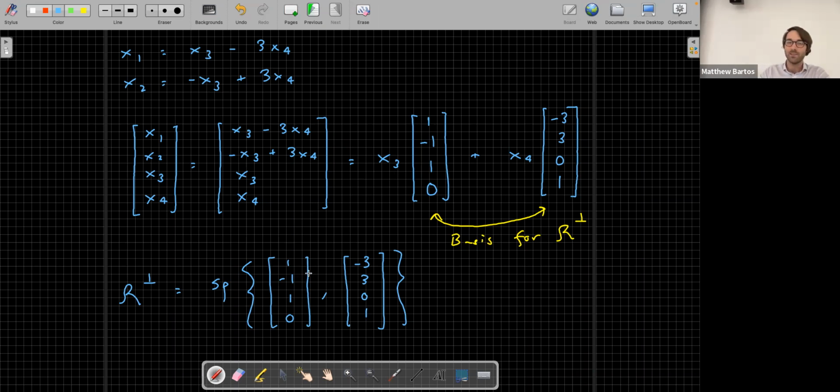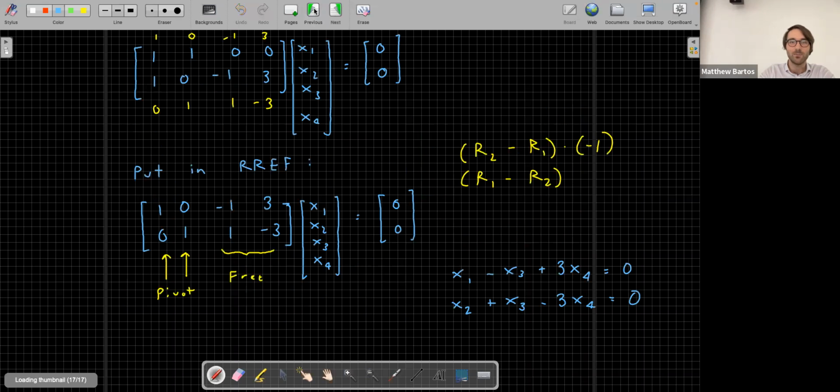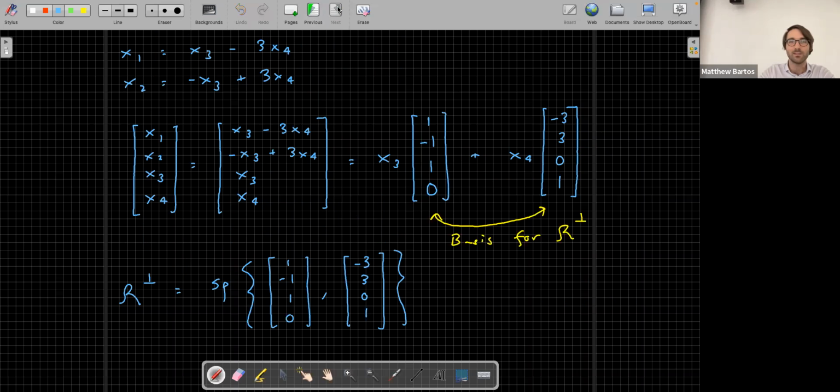Okay, and you can verify that these two vectors are orthogonal to every element of our original vector set. So if we go back, we had 1, 1, 0, 0. If we take the inner product of 1, 1, 0, 0 with the first basis vector, 1, negative 1, 1, 0, we can see that this is going to be equal to 0.